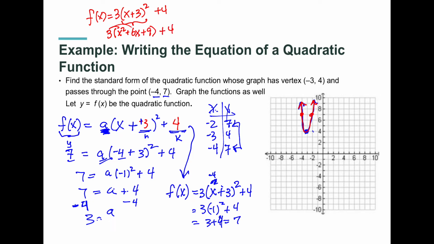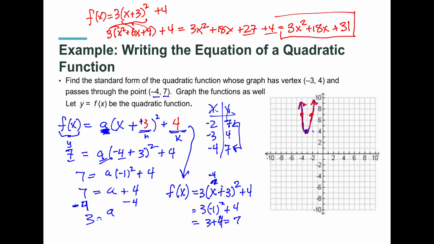And then distribute the 3 here. That gives me 3x squared plus 18x plus 27. We had plus 4. And then, combining like terms, I see that 27 plus 4 is 31, so plus 31. This would be the equation in standard form. So we just carry out the multiplication.